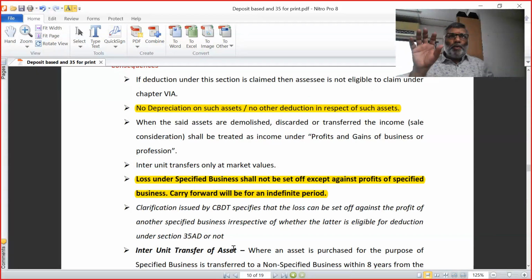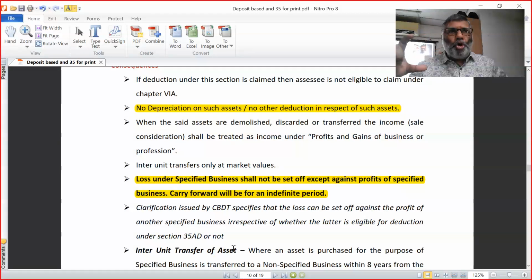The second one is a new business. Let us take, I have a hotel in Chennai. I am starting a hotel in Salem. It will qualify under 35AD for that business; it is not splitting up.